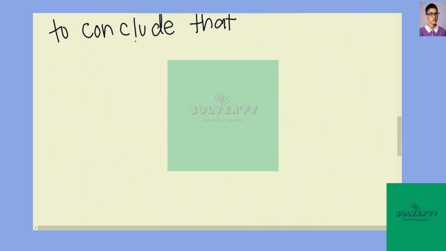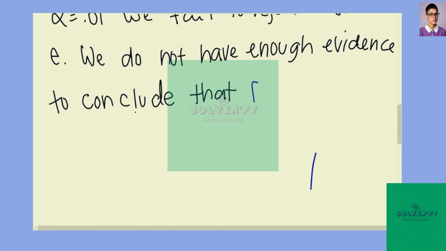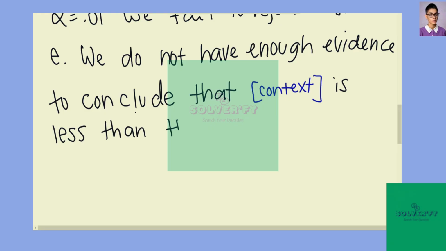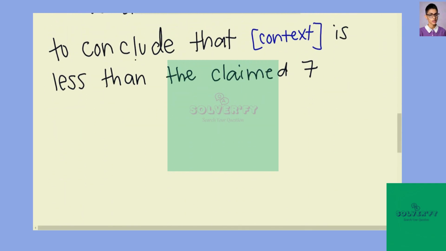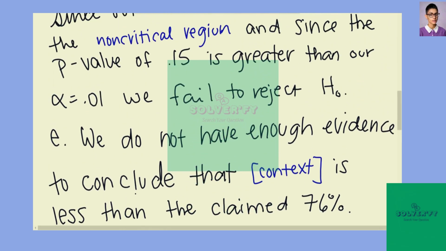So I'm just going to write context here, because this is where you would write that. Is less than the claimed 76%. And that's how you answer that question.